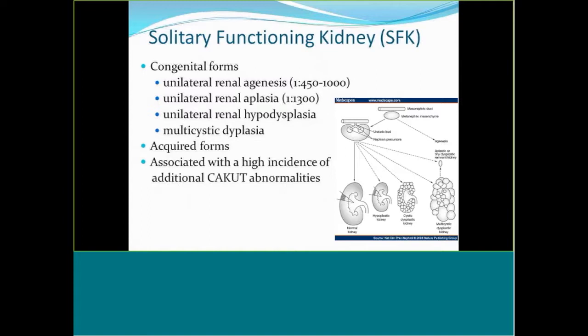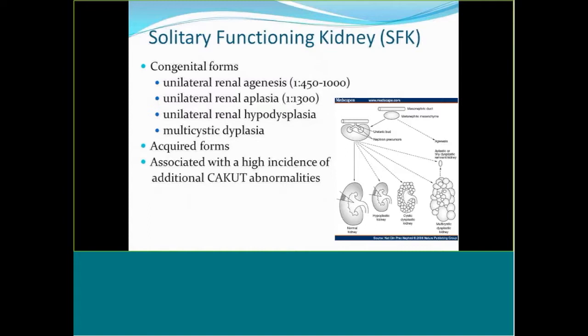You just see this bunch of cysts here, but you don't see an identifiable collecting system and renal pelvis as you do here. So it's by definition non-functional. The multicystic dysplastic kidney is completely non-functional by definition. And there are acquired forms, but we're not going to touch on those because that's not relevant to our discussions here from the fetal standpoint.